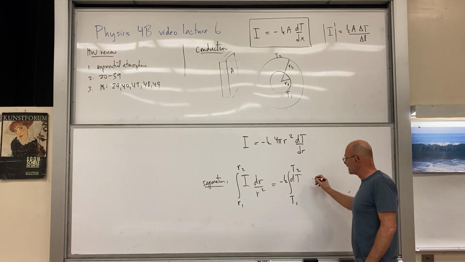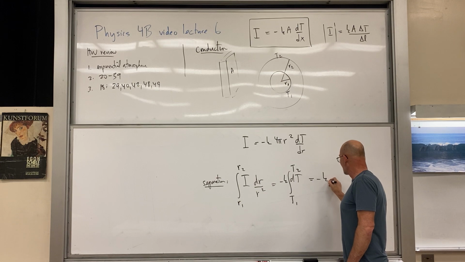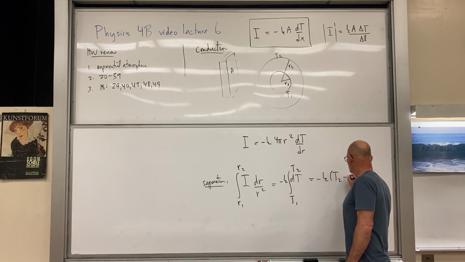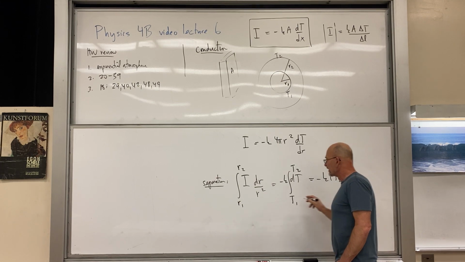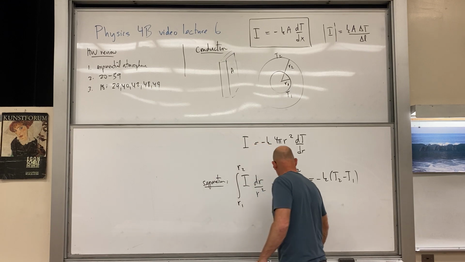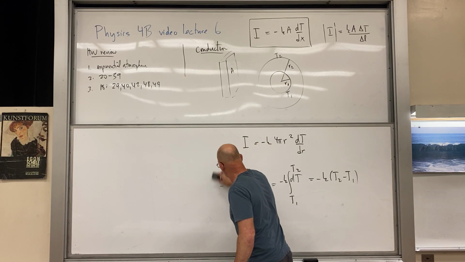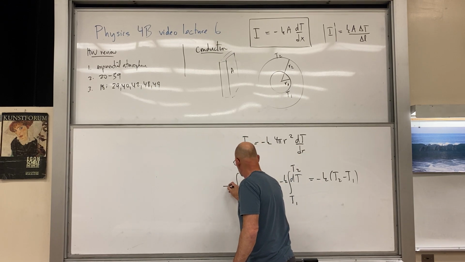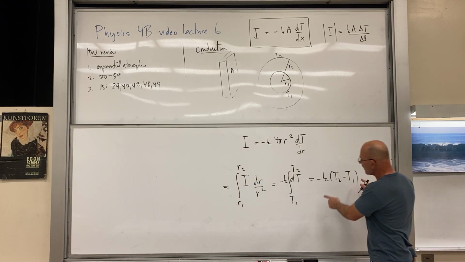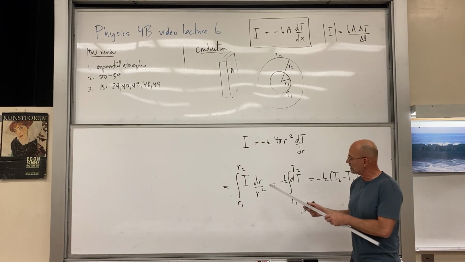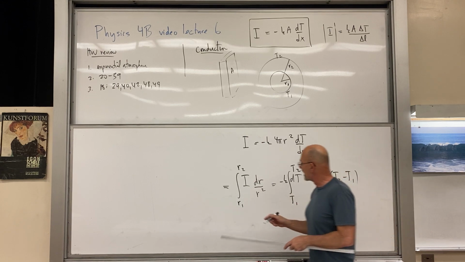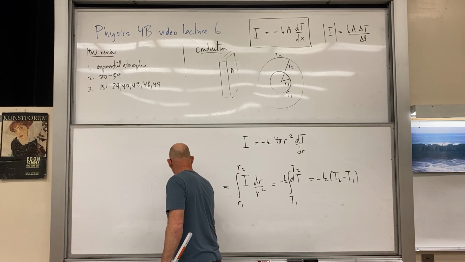Now the right side is going to be trivial, minus k (T2 minus T1). The left side, okay, how about I do this? So there's our answer here, but we want to get this integral working to the left. So we've got I, which is a constant, comes out.